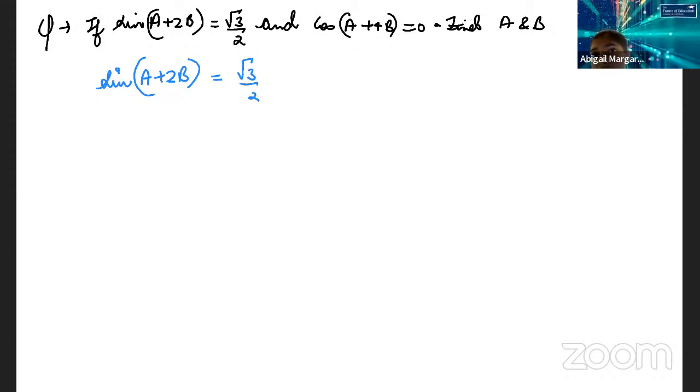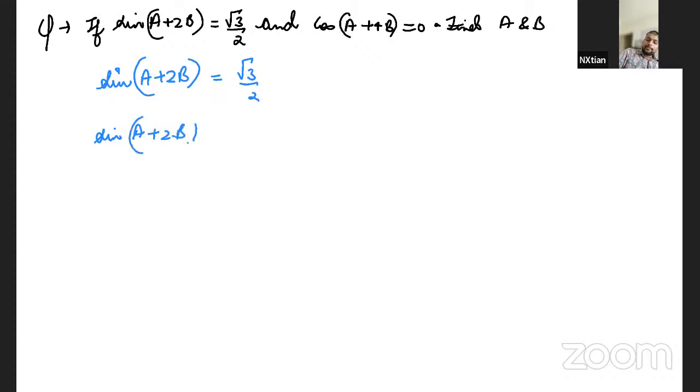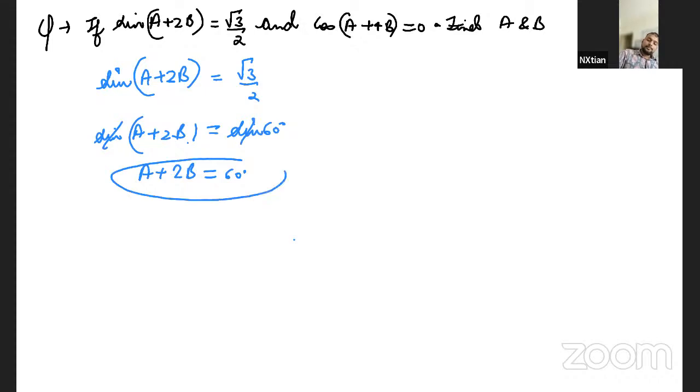So can I write like this? Sine of A plus 2B is equal to sine 60 degree. Yes, because sine 60 degree is root 3 by 2. Now this sine and this sine will cut. So I got one equation which is A plus 2B is equal to 60 degree.